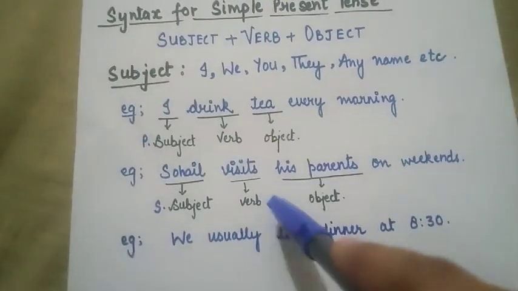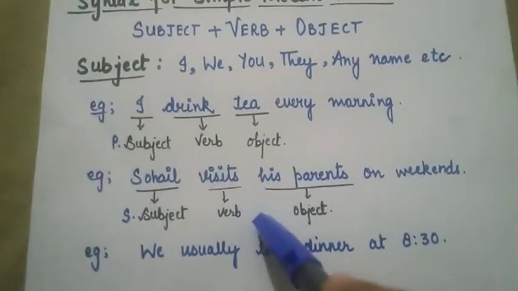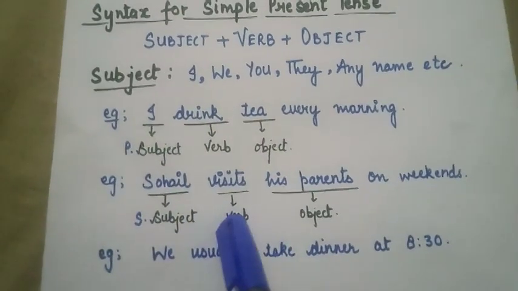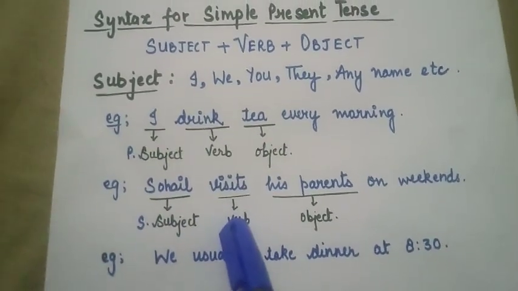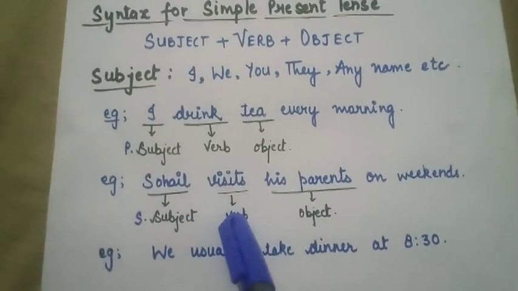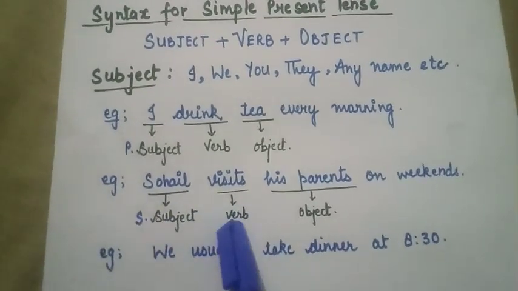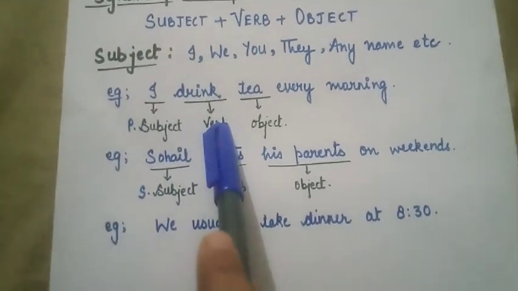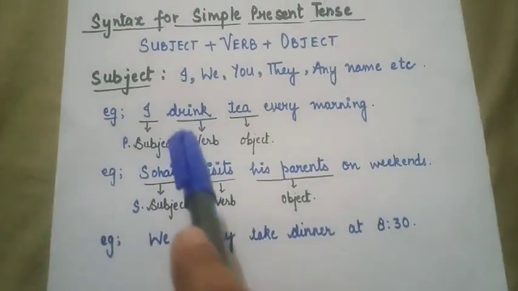So this is the basic difference in these two sentences, right? Just see that we are not using s here and we are using s here. So why are we using it, this is the question. Singular subject, plural verb, right? Plural subject, singular verb. Okay, so this is the basic difference in these two sentences.